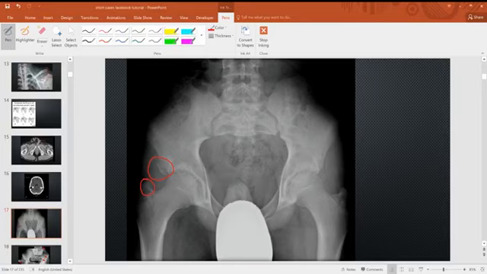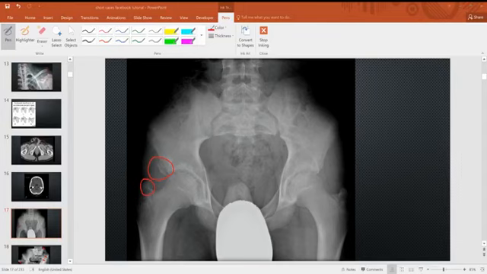This is inferior, not superior. This is the anterior inferior iliac spine, and the attachment here is the rectus muscle. And here the attachment in the greater trochanter. Which muscle attaches to the greater trochanter? Anybody can remember?